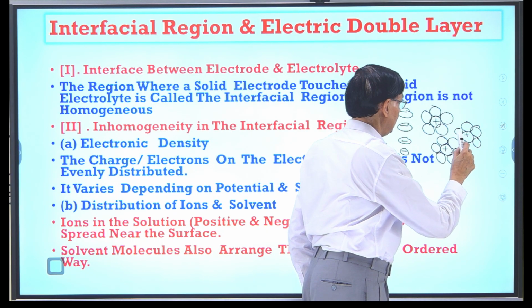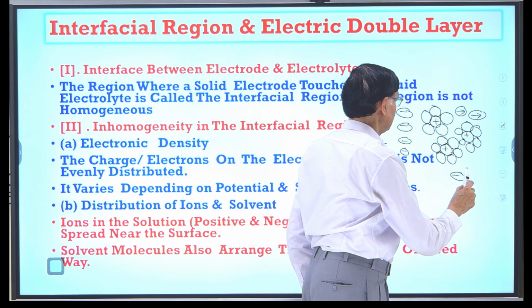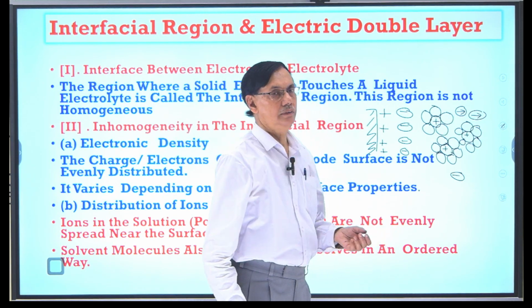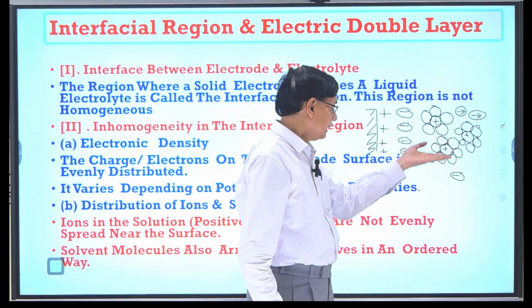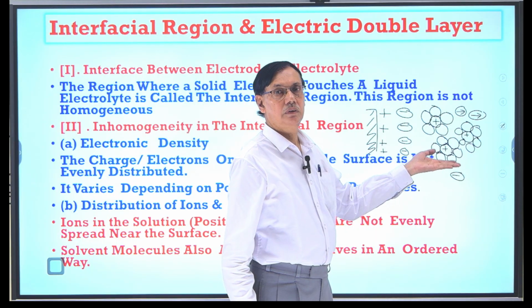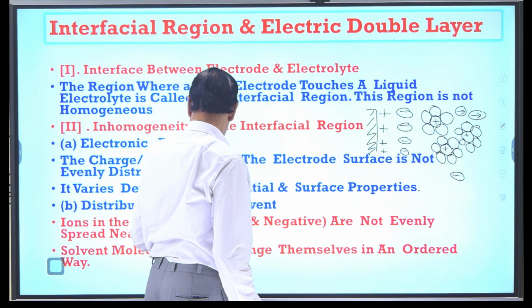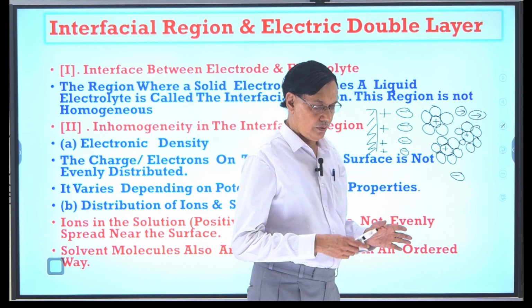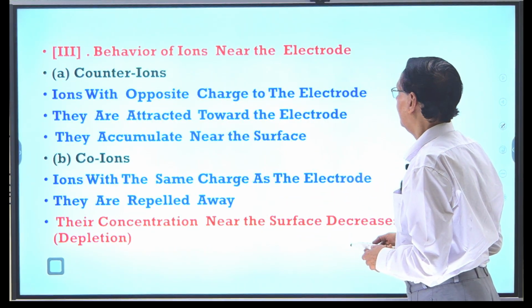Solvated cations मैं आपको दिखा रहा हूँ. Water का अलग अलग ढंग से भी, water is also spread out like that. So it is very near, adsorbed on that surface, that is called the inner Helmholtz plane, जो outside में है, it is related to the solvated ion. That is also called the outer. So solvent molecules also arrange themselves in an ordered form. I think you can understand these things. I'll show you some of the diagram like that.